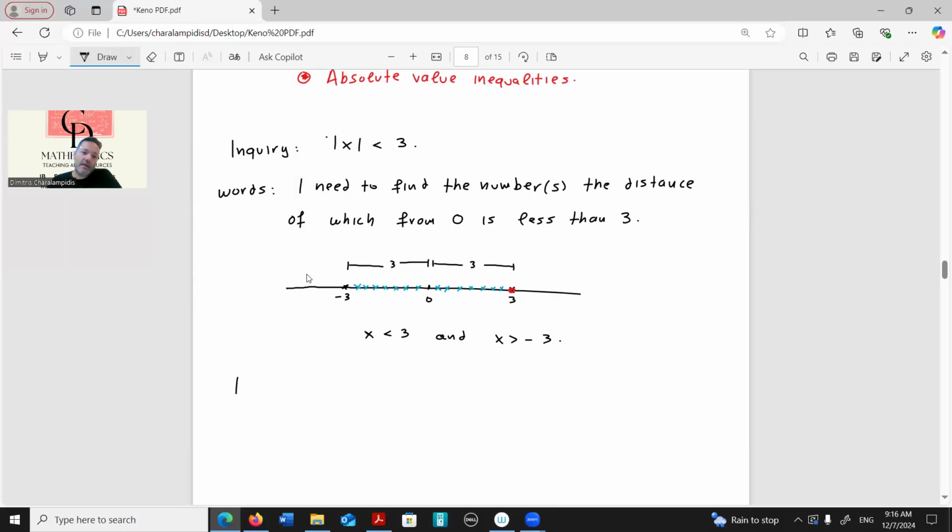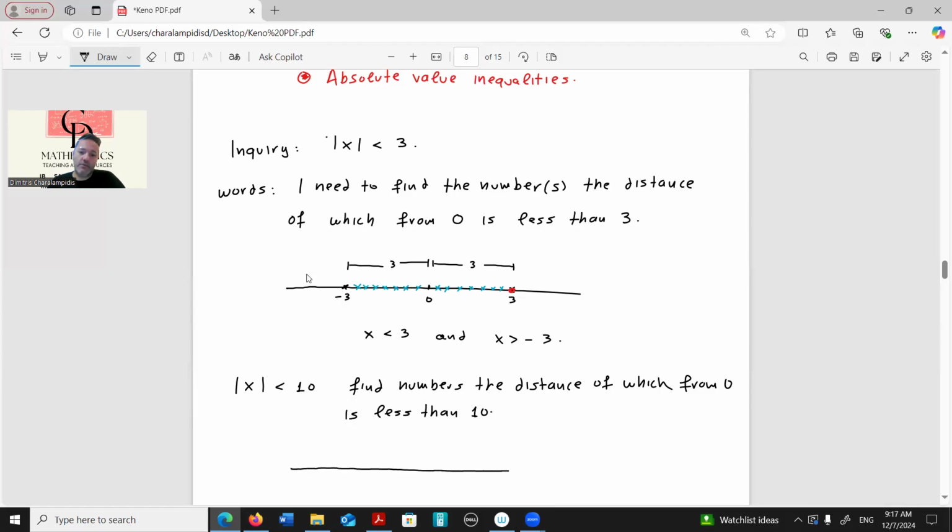If I repeat that with absolute value of x being less than 10, it still means find the numbers, the distance of which from 0 is less than 10 this time.